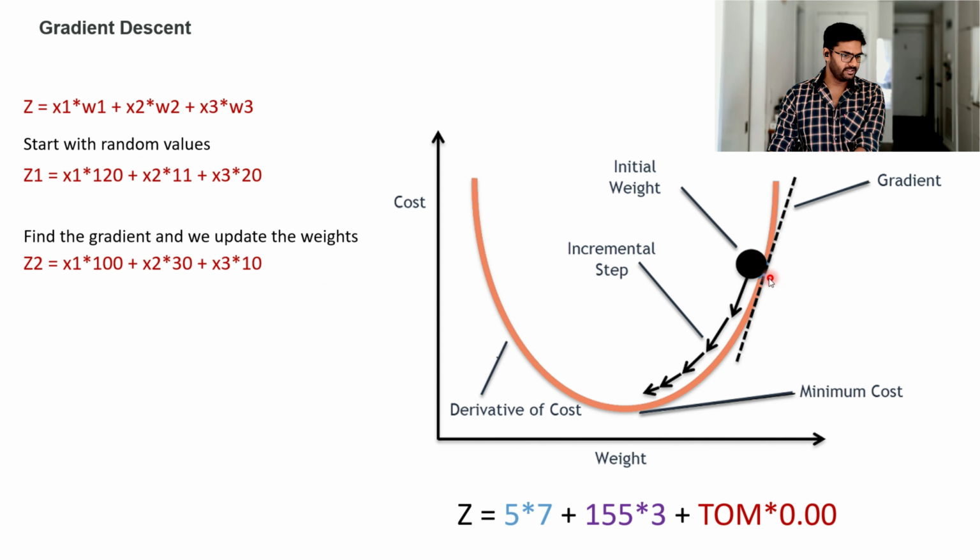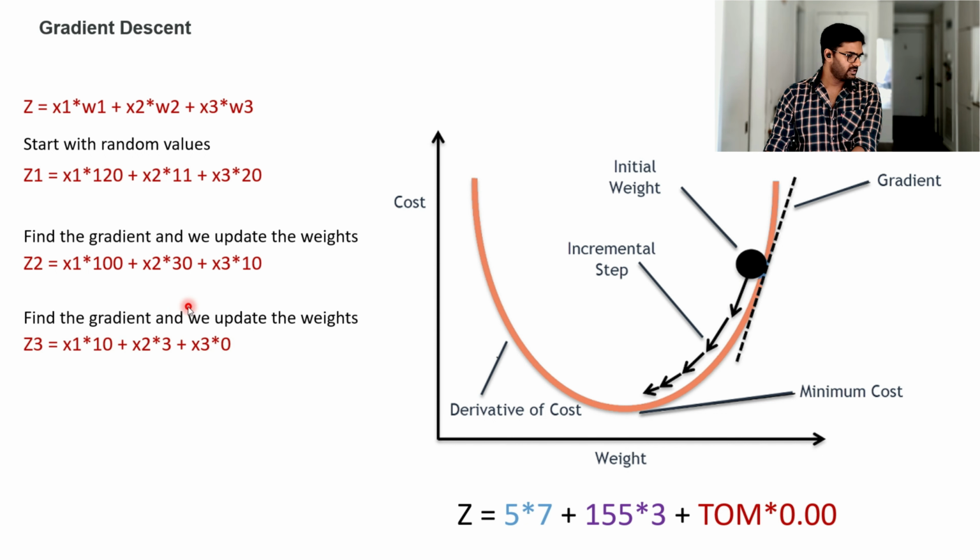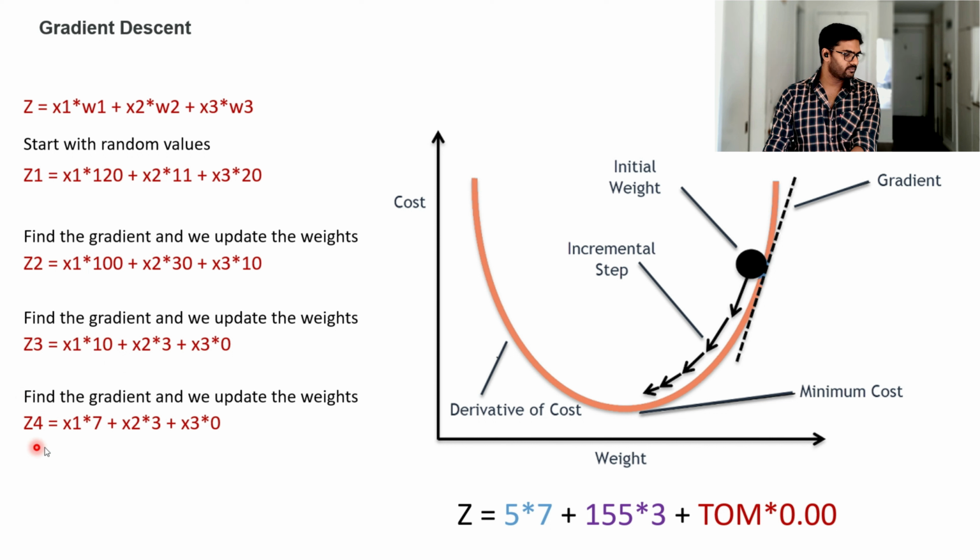Then we find the gradient and we do an incremental step to go down and find the minimum value, which is here. Then we do it again. So you see from 120 it becomes 100, from 100 it becomes 10, and then finally it goes to 7 and 3, and technically that's the weights that we were looking for.